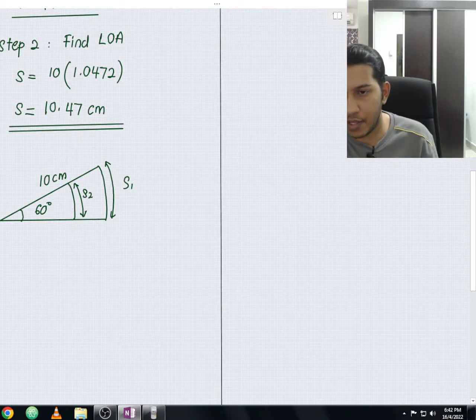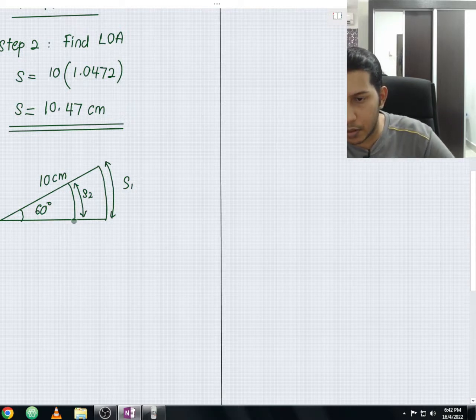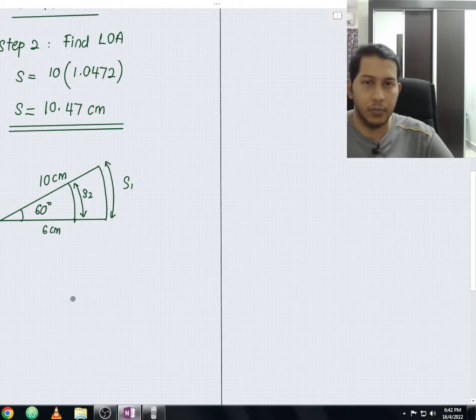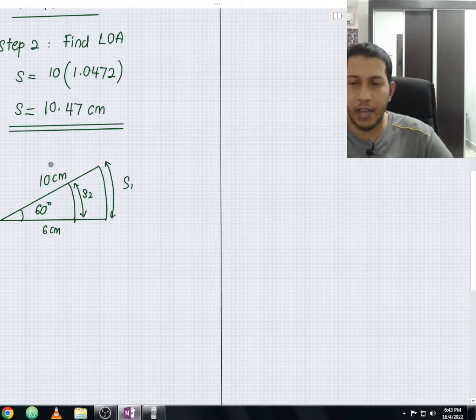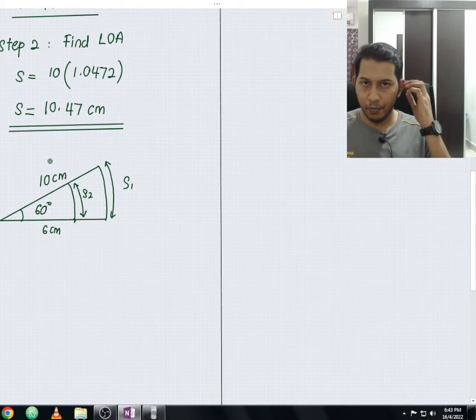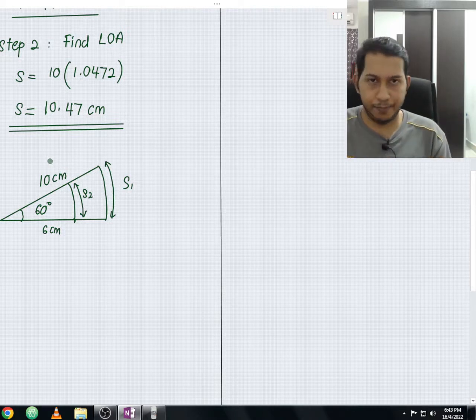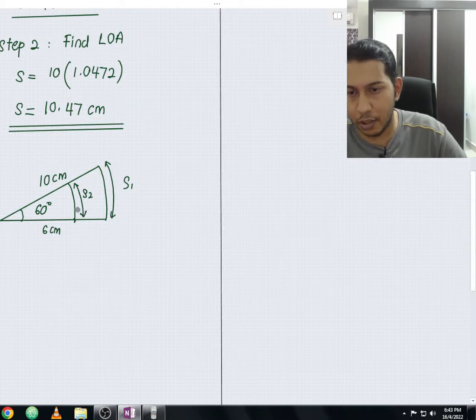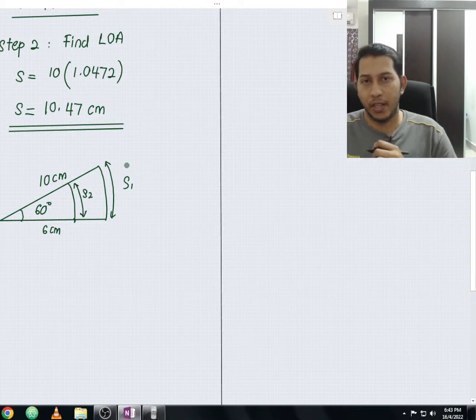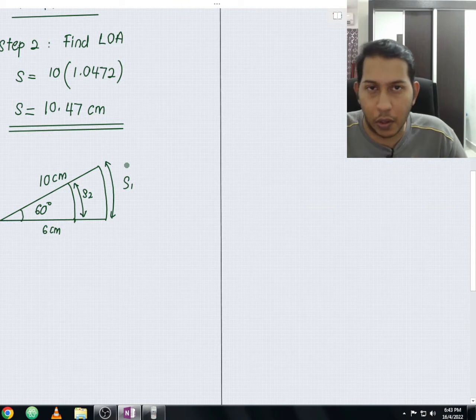Let's say the one involving S2 has a radius up to here of 6 centimeter, and for S1 the radius is 10 centimeter, right, guys? Usually the question will ask you to find the ratio of the length of the arc between S2 and S1. So in this case, how are you going to solve?